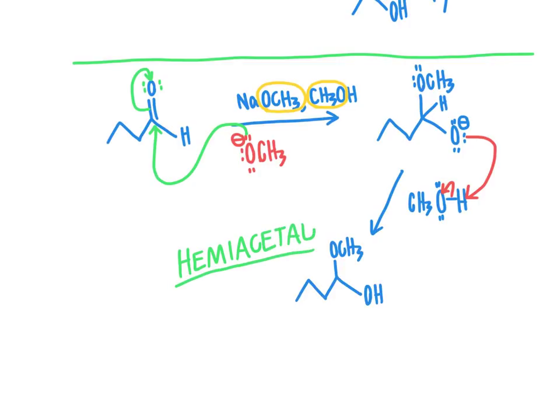So a hemiacetal is a molecule that has a geminal ether and hydroxy group, such as what we've seen here. It definitely has to be that the two groups are geminal to one another. So this molecule right here, particularly this portion that I've circled, would be our hemiacetal group.